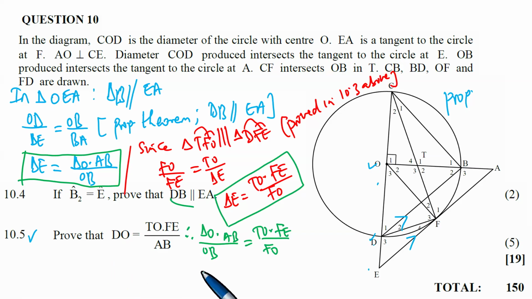Now, OB, FO, they're from the center. Okay, OB, FO, each one of them is a radius. So you can choose any one of these.